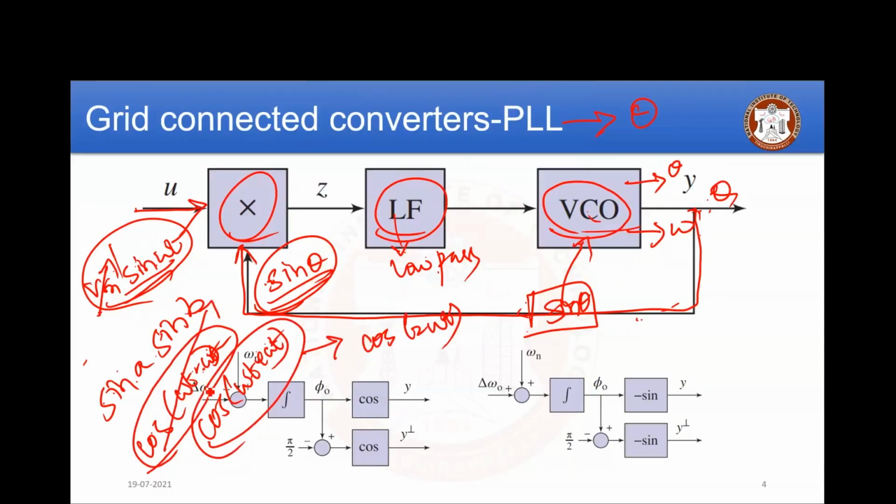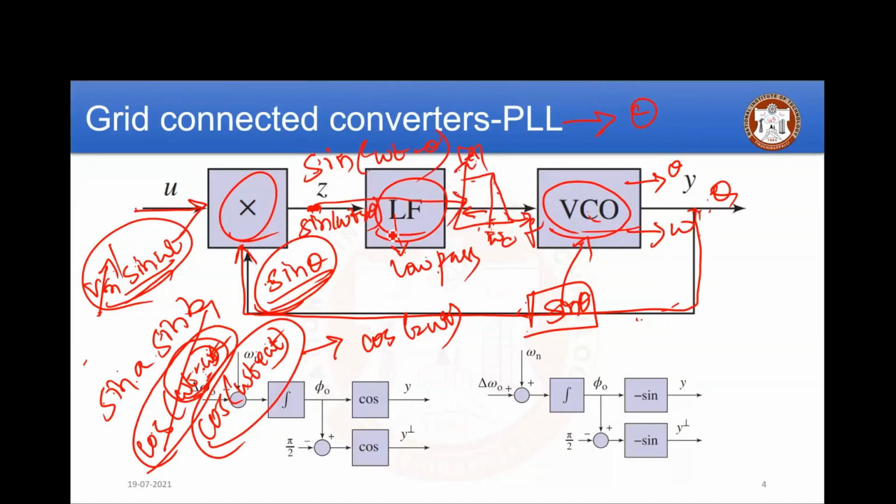Now, I want to make this theta common error. So here I'll get two terms. Let us assume some function I got like sin omega t minus theta and sin omega t plus theta. There is something called a low pass filter. What does this low pass filter do? Whatever the frequency is less than the cutoff frequency, it will simply allow, and higher frequencies it is going to eliminate.